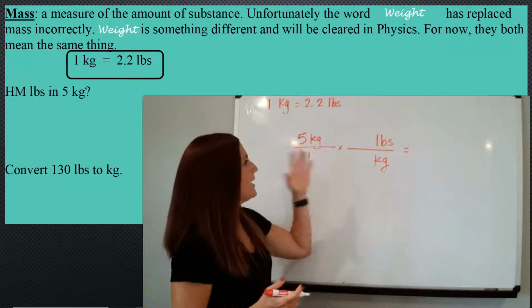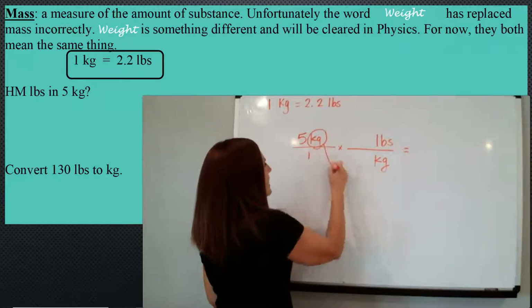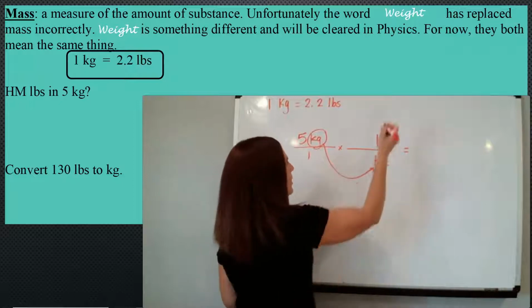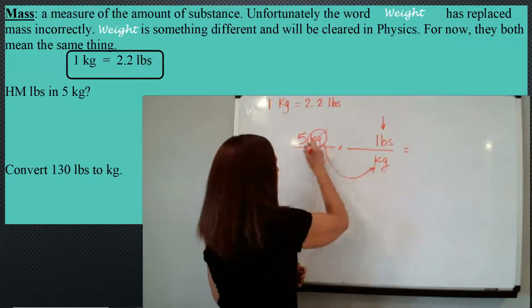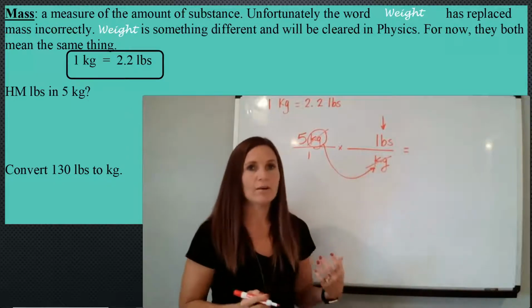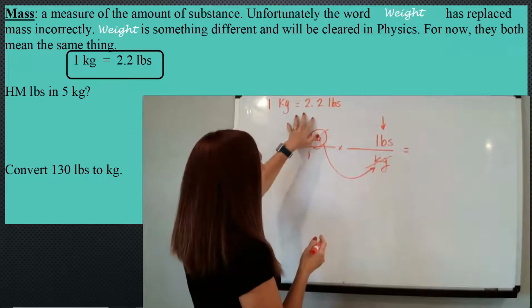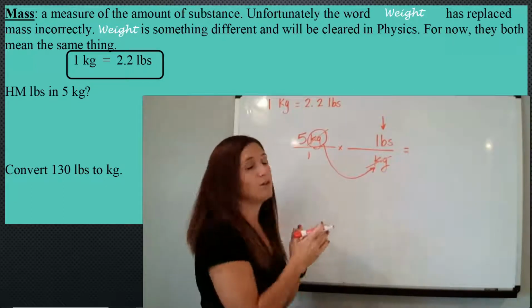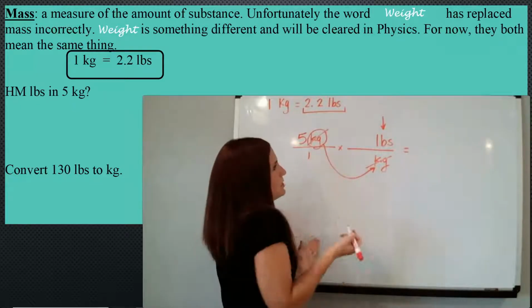So now I have canceled my units, right? What you're given as a fraction over 1, cancel the units you don't want, put the units that you do want on top, check to make sure everything's canceling out. Got it? Now I'm going to plug in my conversion factor. So I'm going to come back here and I'm just going to write the value with the unit. So if it's 2.2 pounds, I just don't split that up.